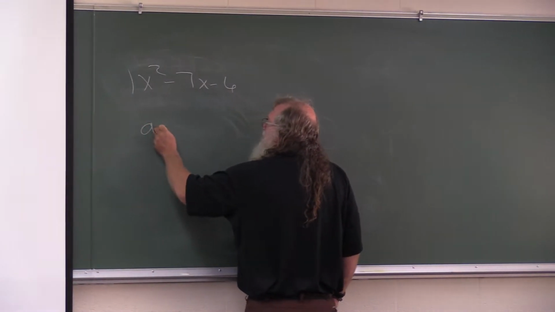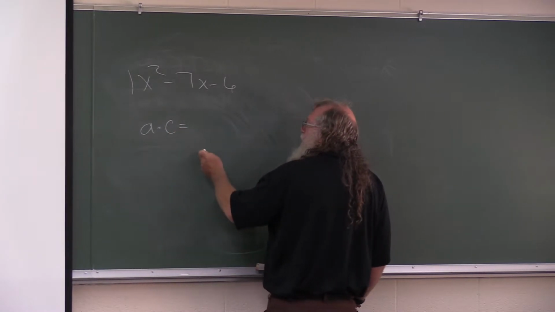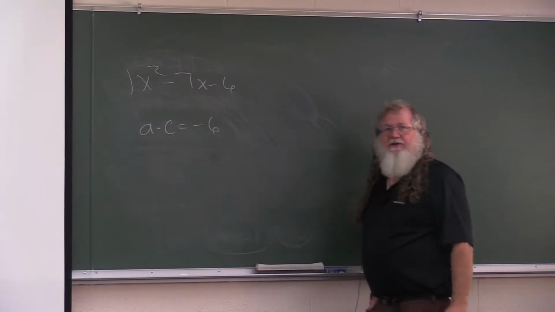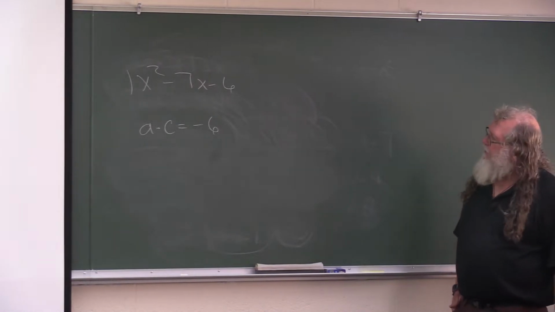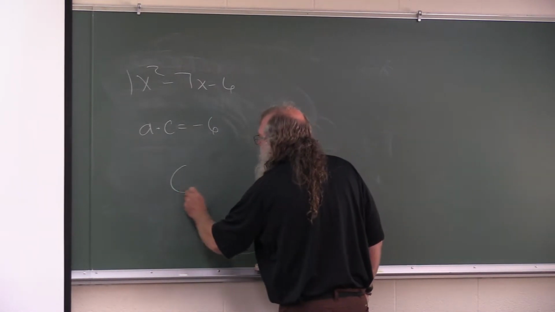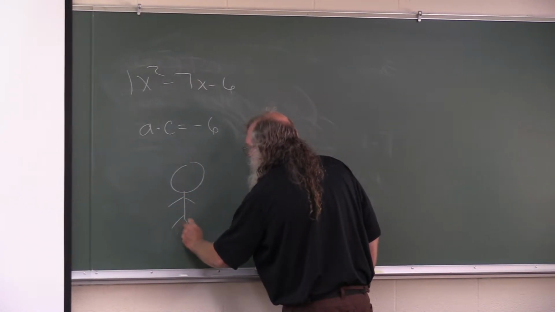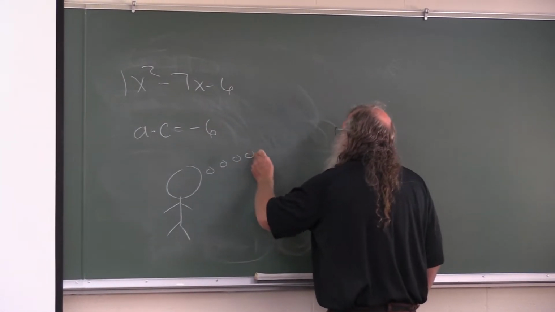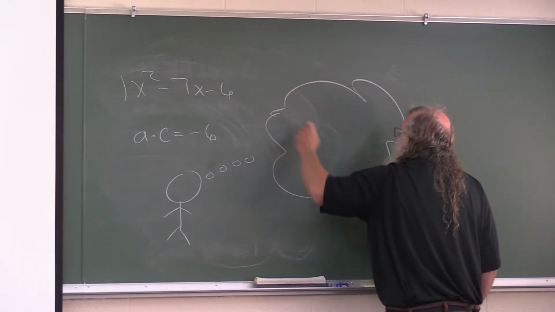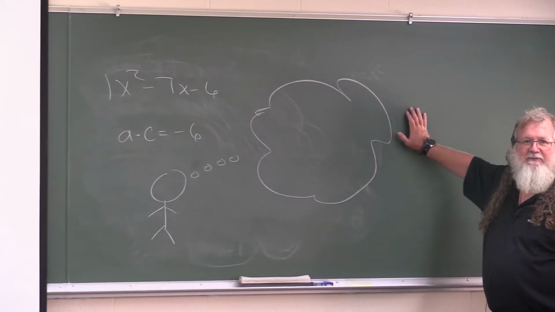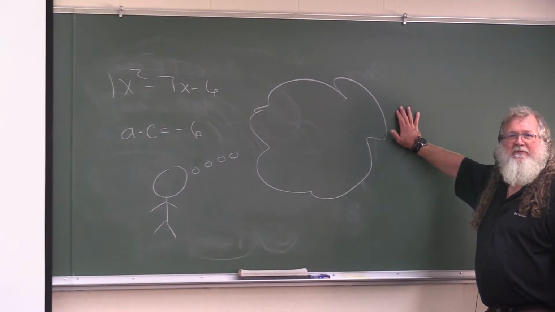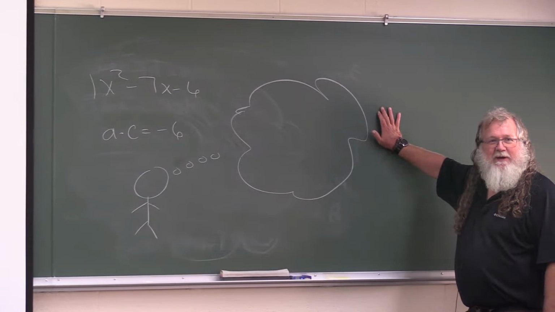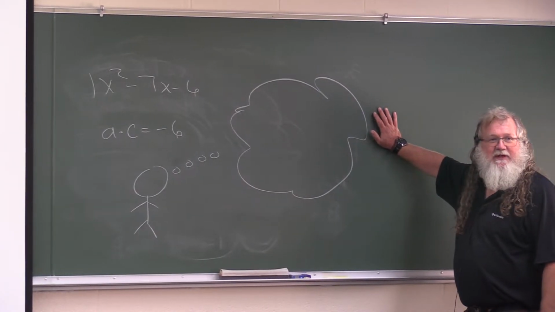So let's find our a times our c. Our a times our c is 1 times negative 6, which is what? Negative 6. Okay, so what have I drawn here, class? I've drawn you. We're doing a little mental math now, because sometimes it's nice to think about these.